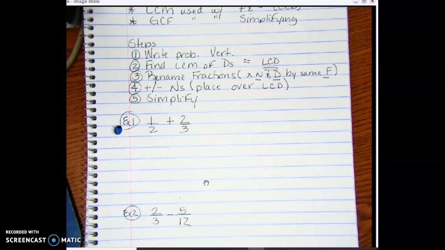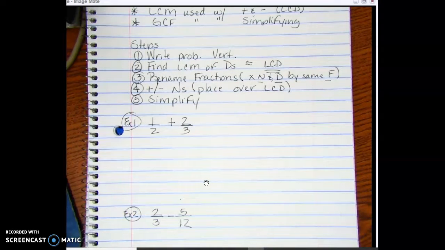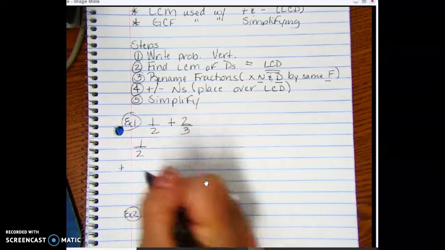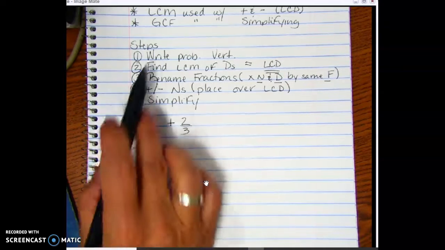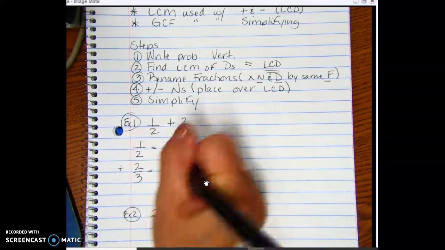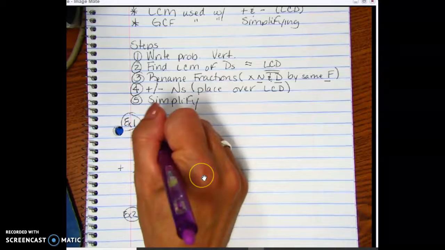All right, so let's go ahead and do this first one. We're going to add our fractions here. So we have 1/2 plus 2/3, step one, vertical. Step two, I need to find the least common multiple of the denominators.